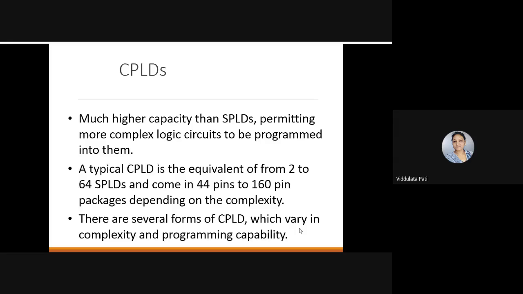So it is equivalent to nearly 64 SPLDs. There are several forms of CPLDs which vary in complexity and programming capability.